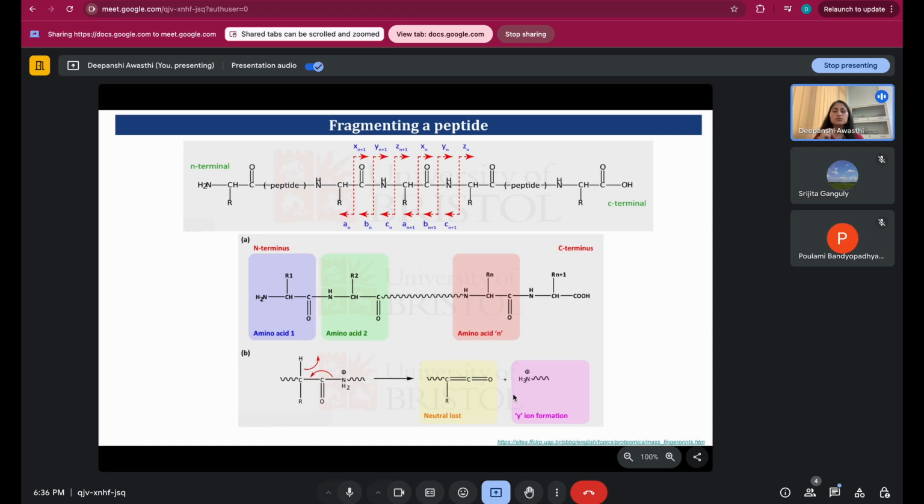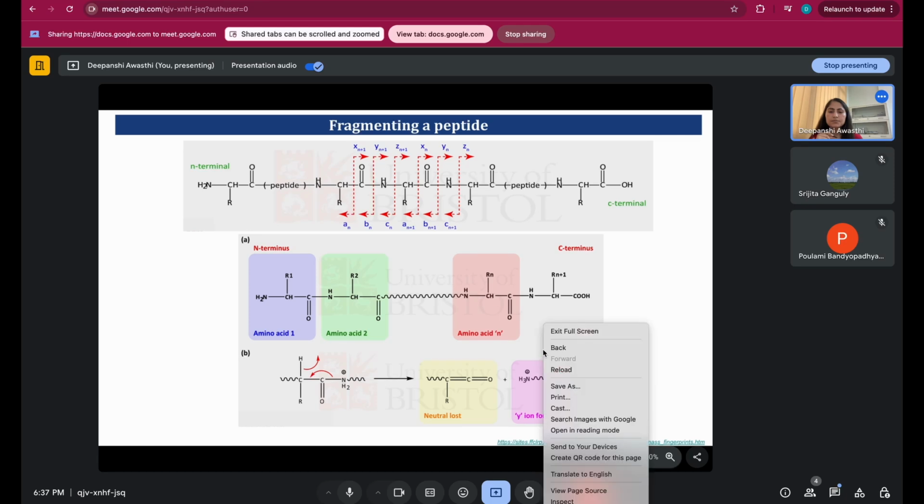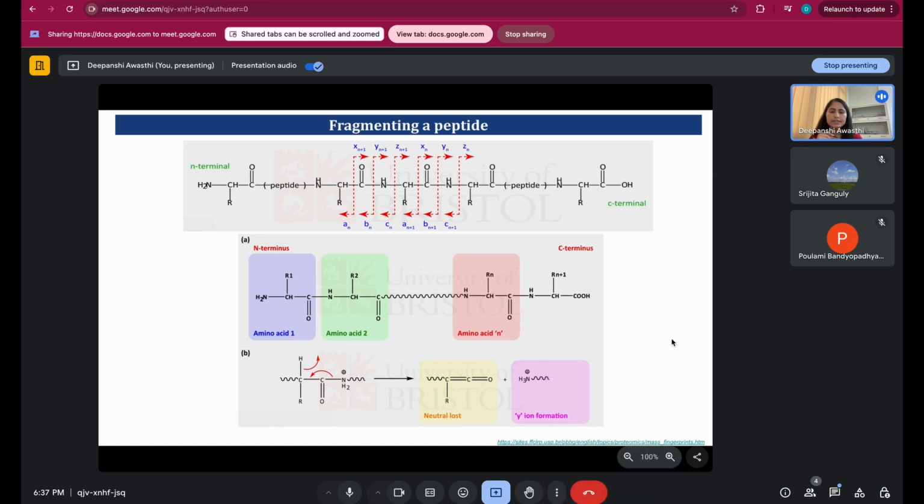In that way there is a neutral loss and a Y ion is generated. In this way Y type ions and B type ions are generated with the neutral loss. We don't have to go into the detail, this is just an overview of how different fragments are generated and what transfer happens.